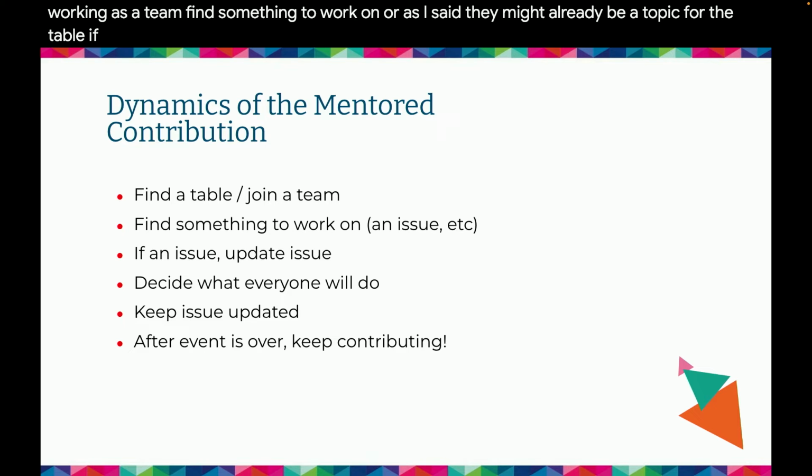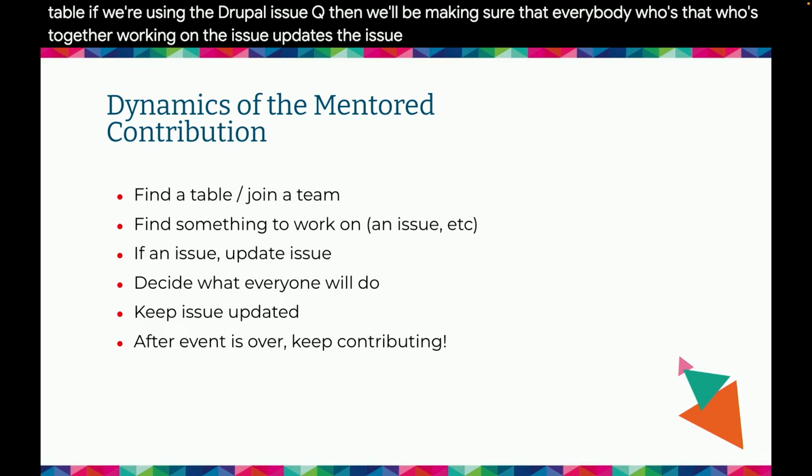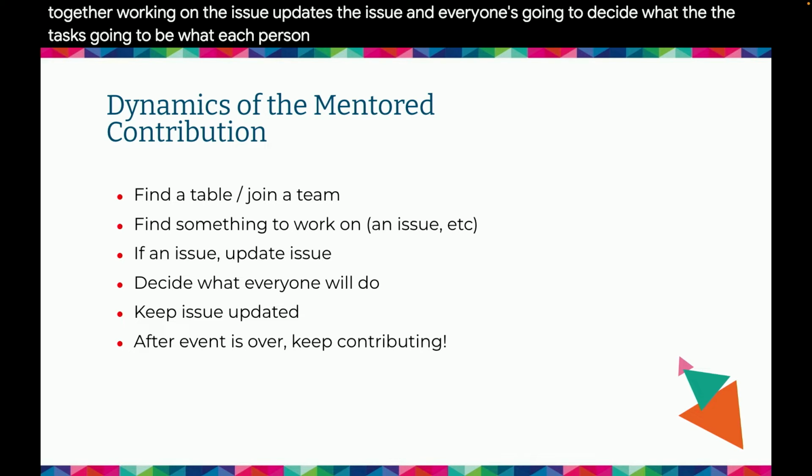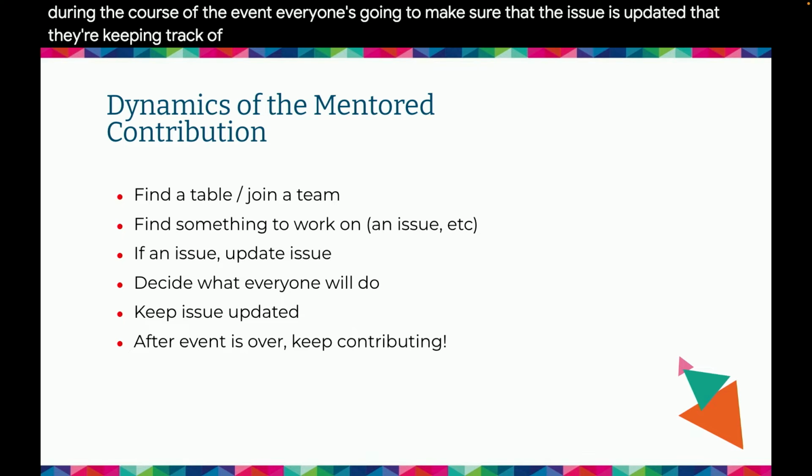If we're using the Drupal issue queue, then we'll be making sure that everybody who's working together on the issue updates the issue. And everyone's going to decide what their tasks are going to be, what each person is going to do. During the course of the event, everyone's going to make sure that the issue is updated, that they're keeping track of what everyone is doing.